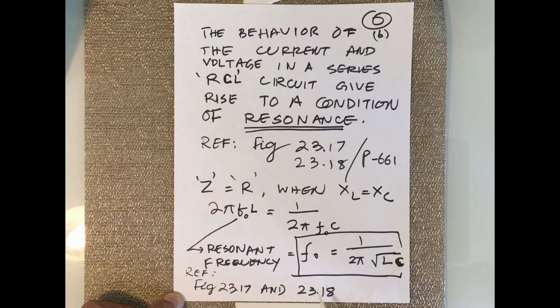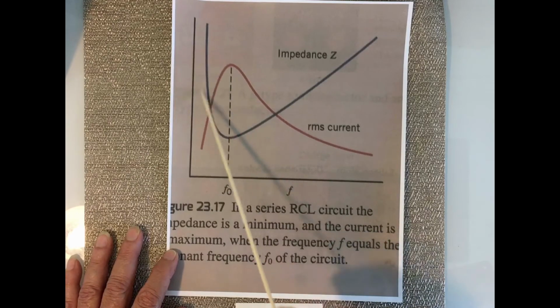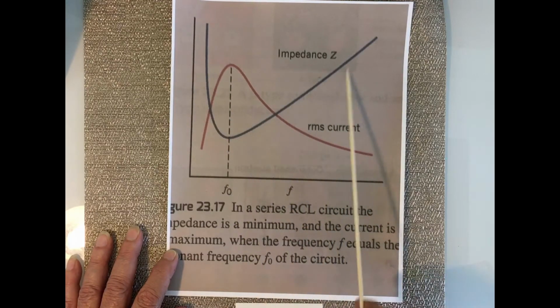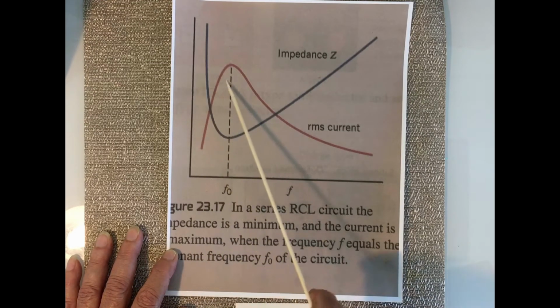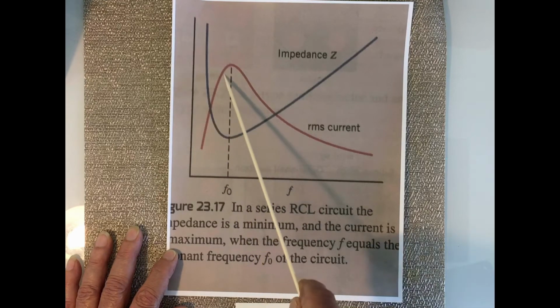Go to figure 17 and 18 now. Now on 17, as you see, the impedance, this is the blue one, is the impedance of the circuit, and here you have RMS current, which is the red one, at different frequencies. Frequencies are marked here on the x-axis. Now look, when the impedance slowly comes down and down, the current goes up.